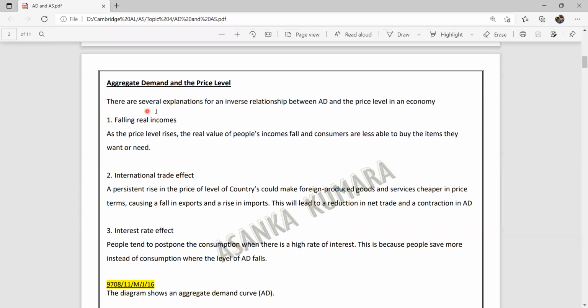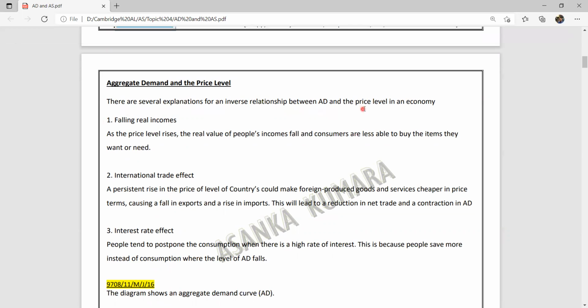Here, there are several explanations for an inverse relationship between aggregate demand and the price level in the economy. There are three. First, the fall in real income, or we can say the real income effect.